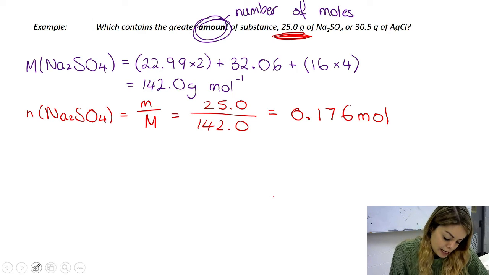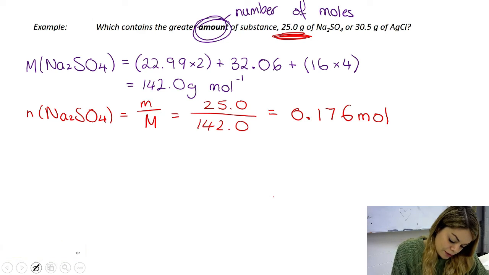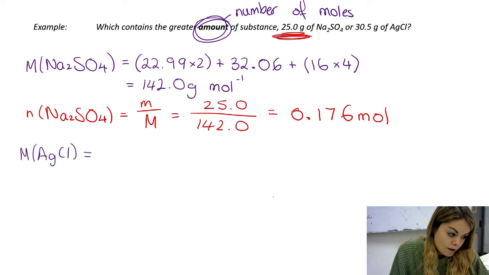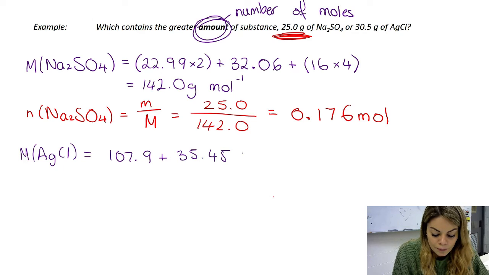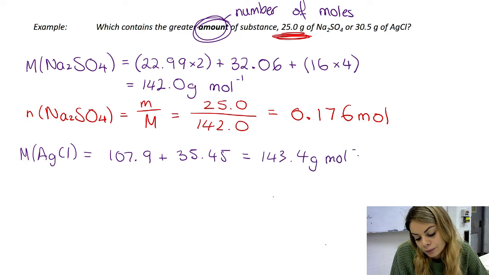All right, we need to compare that with the other one. So let's find the molar mass of the other one, AgCl, silver chloride. It is silver, which is 107.9 off of your formula sheet, and chlorine is 35.45, and that equals 143.4 grams per mole.